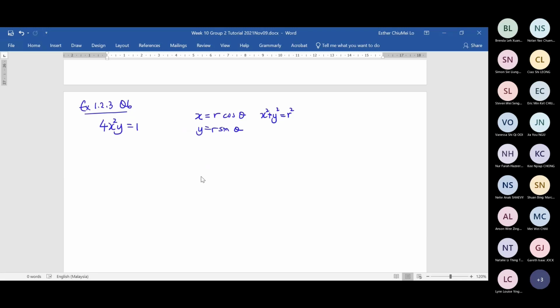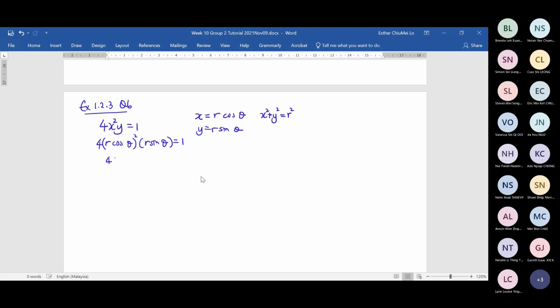So Audrey, what should we do here? Firstly you see that this is in x and y, right? We want to change it to r and theta. So we just substitute x as r cos theta, but this is squared, and y is r multiply sin theta, and this equals 1. What's next then? This one is squared, right?